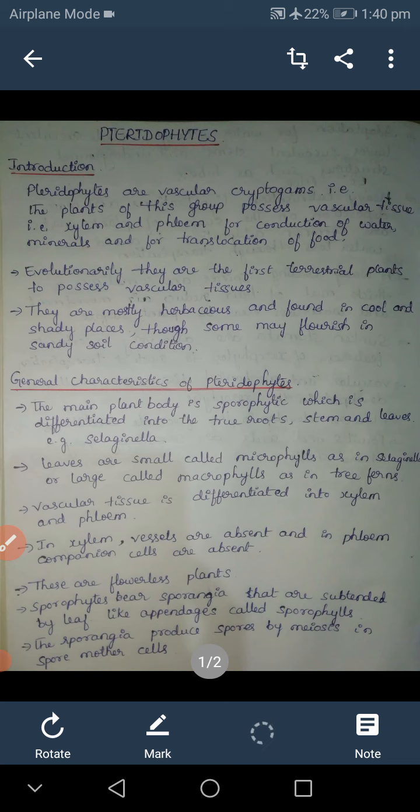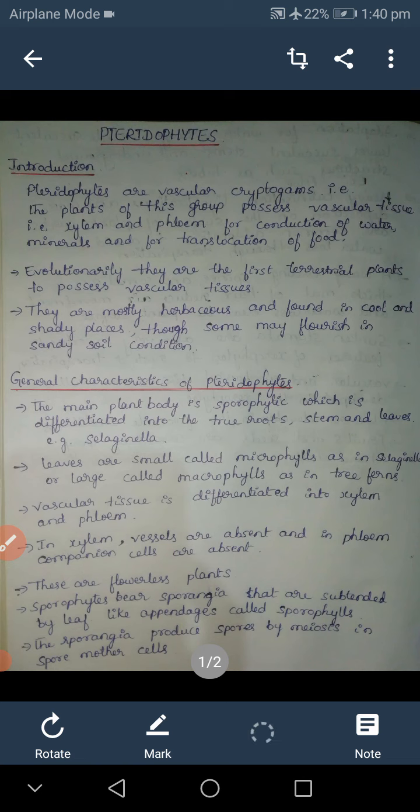Evolutionarily, they are the first terrestrial plants to possess vascular tissue. They are mostly herbaceous and found in cool and shady places, though some may flourish in sandy soil condition.